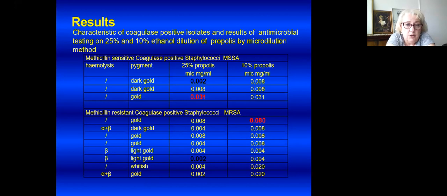Methicillin resistant coagulase positive staphylococci all possess gold pigment. Most of them have beta hemolysis. The minimal value was 0.002 for beta hemolysis light gold, and we have isolates which have the same MIC when tested with 25% and 10% propolis concentrations.